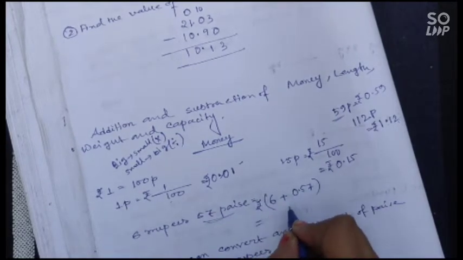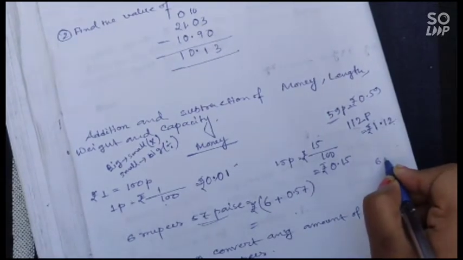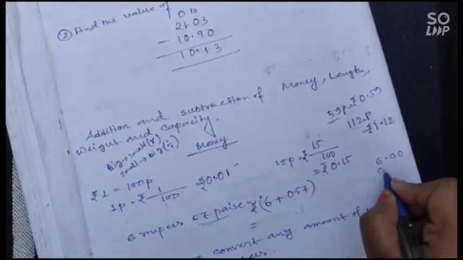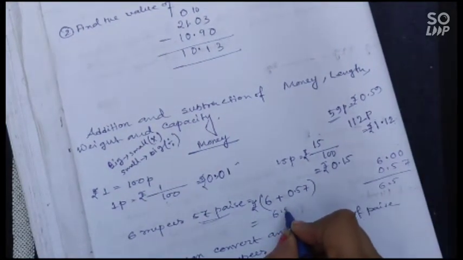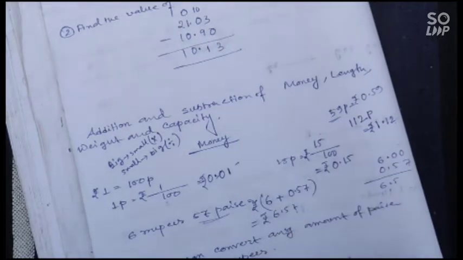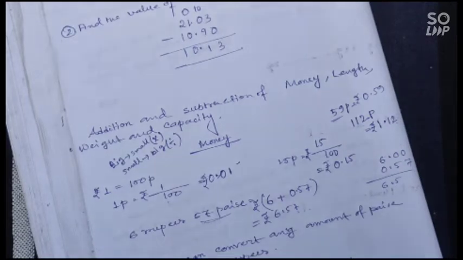So 6 rupees plus 0.57 rupees. 6 has no decimal, that is 6.00, and 0.57. This will be 6.57 rupees. I hope all of you can understand this. Thus we can convert any amount of paise into rupees.